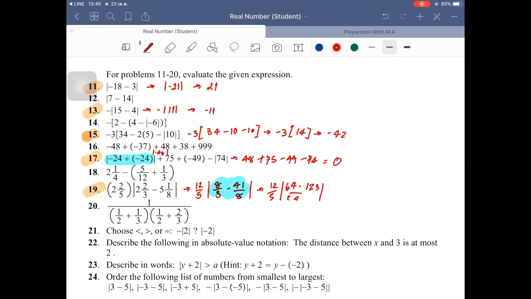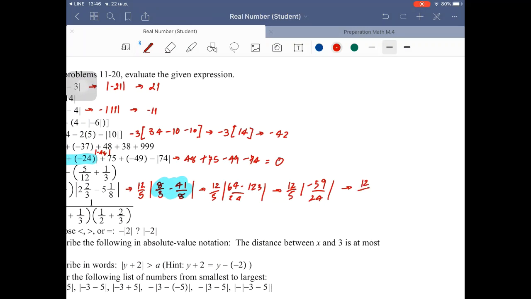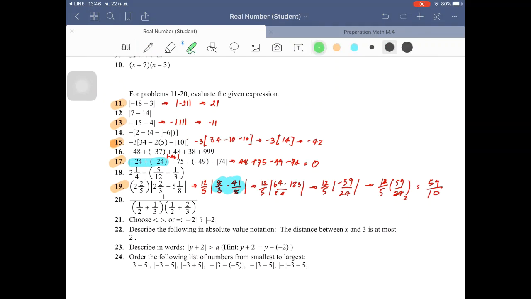And then you will get 12 over 5 with absolute minus 59 over 24. So the absolute will be positive 59 over 24. Then you do cross multiplication and simplify this, you get 59 over 10. That's it. So the answers are 21, negative 11, negative 42, 0, and 59 over 10.